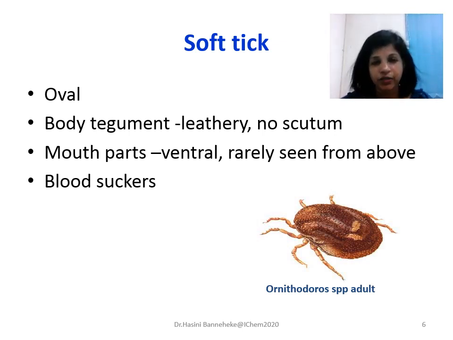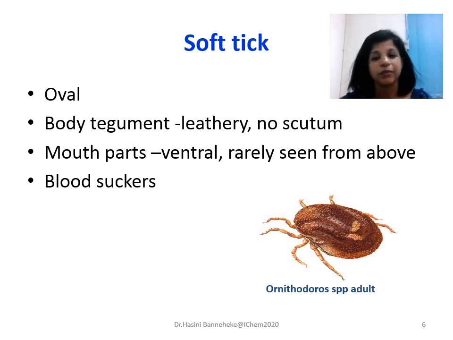The other difference is that the mouth parts are generally not seen in soft ticks. In the hard tick, the mouth parts can be seen if you look from above, but in soft ticks you cannot see the mouth parts. They are hidden underneath.